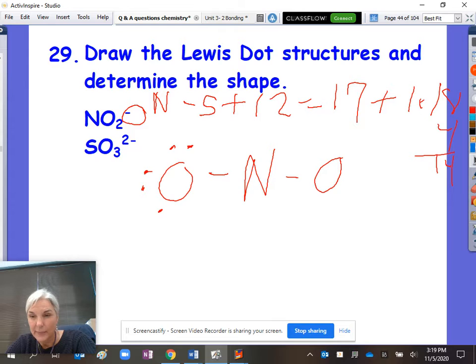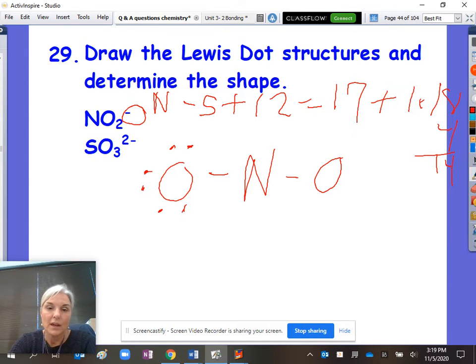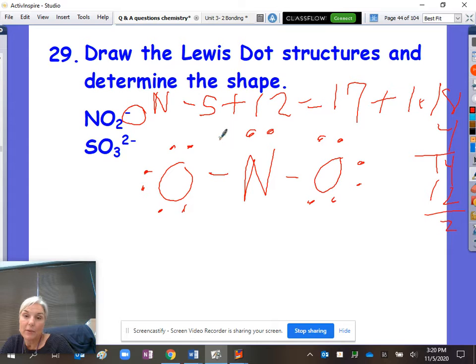And that's used up 6 out of the 14. I'm going to use 6 more, making an octet for your outside atom. And then I've used up 12, so I've got 2 left over. So that goes here. So as you can see, we have not an octet for the middle one.